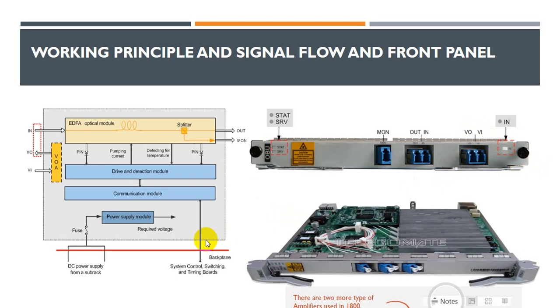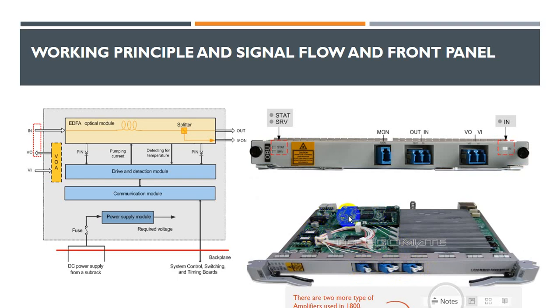Okay, and actually from a different view, it looks like this. So this is all fibers. So in and out, the fiber goes in, then gets amplified, and then comes out as the out function. And in VIVO, on the board itself there is an additional component which attenuates the signal. And the monitoring board, so you will see a lot of circuitry here.